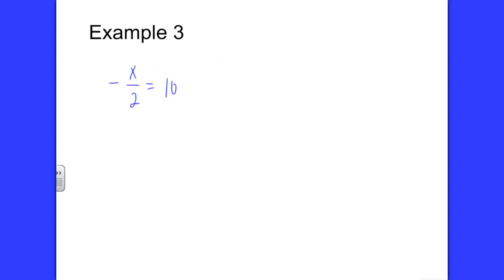All right, let's go on to example 3. See how easy this is. Now I threw a little wrench in there for you: negative x over 2 is equal to 10. You can treat that just like x over negative 2, which is the same.